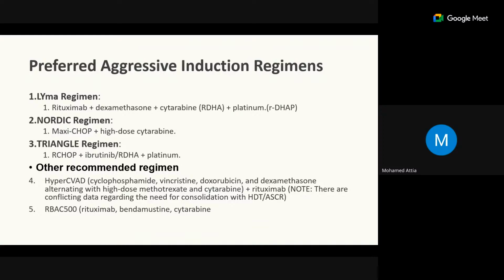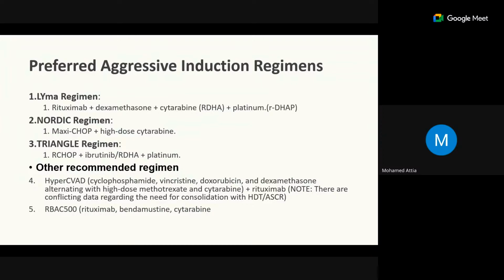We can use Max-CHOP with a very high dose of cyclophosphamide. Sometimes we use a regimen called the triangle regimen using R-CHOP alternating with ibrutinib and RDHAP. So I think this is very aggressive chemotherapy. Not all patients will withstand it.